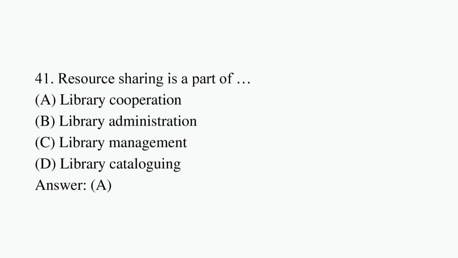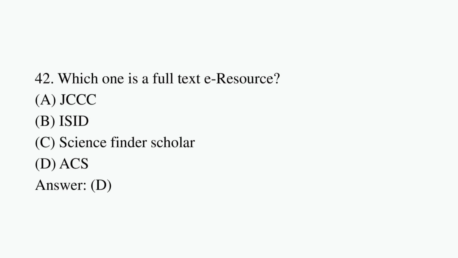Question number 41. Resource sharing is a part of: option A, library cooperation, B, library administration, C, library management, D, library cataloging. Answer A, library cooperation. Which one is a full text e-resource? A, JCCC, B, ISID, C, Science Finder Scholar, D, ACS.